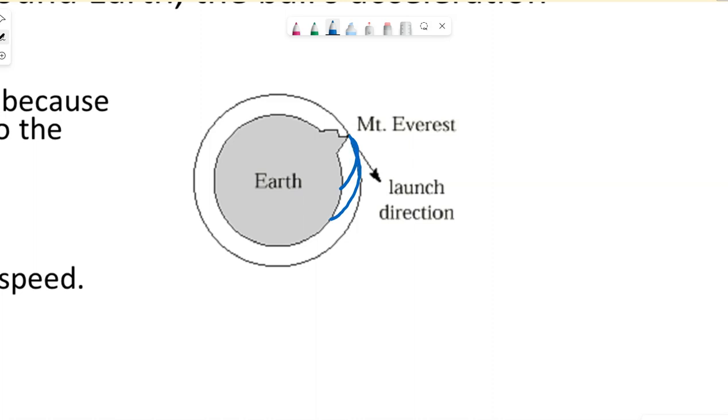Ultimately, the thought process, well, if I was to throw it fast enough, it is falling towards the ground and moving horizontally relative to the ground, but the ground itself is not perfectly flat. And so the curvature of the Earth makes it such that the Earth is never in the way.